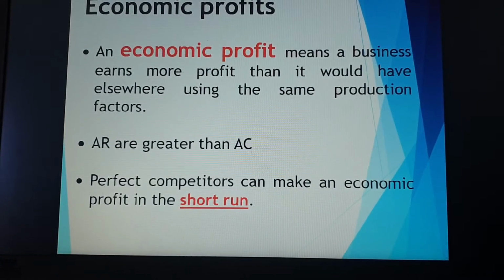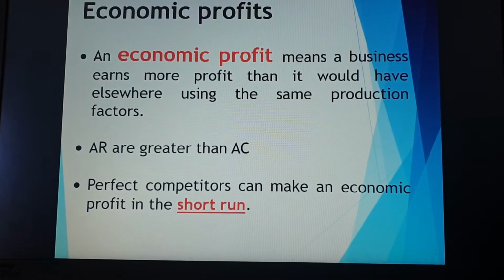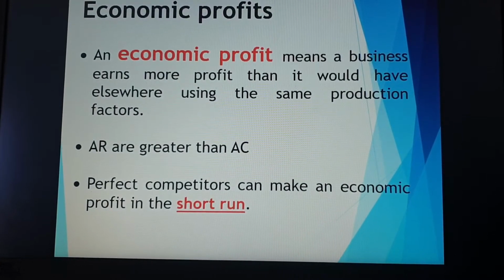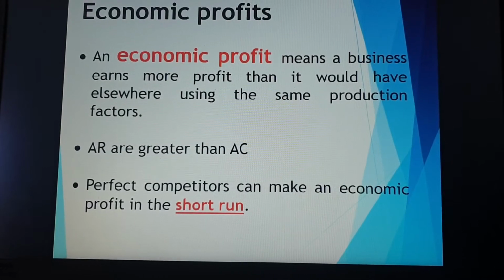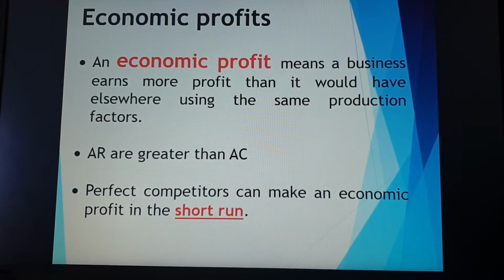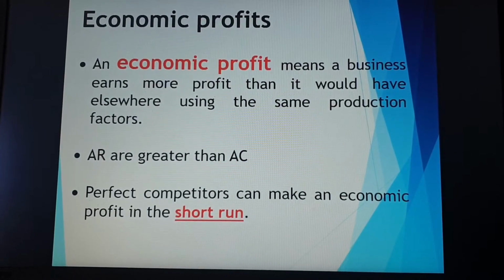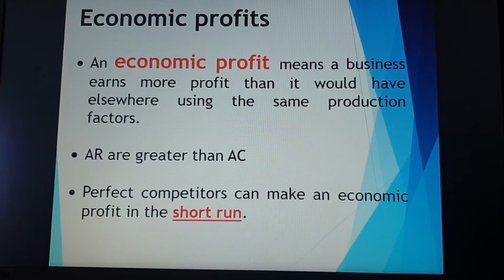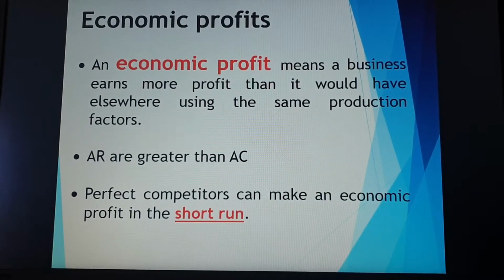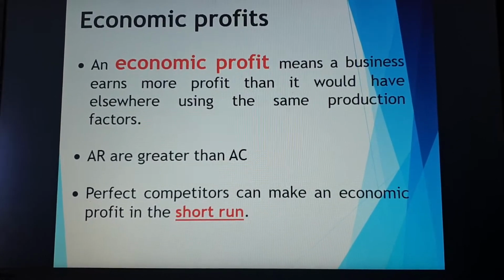This is very important because when we look at our graphs and our different market structures, you need to know what type of profit the different markets, like the perfect competitor or the imperfect markets, make in the short run or the long run. You'll see at the end of the lesson, once we are done with the imperfect markets, there's also a summary of that in the table.